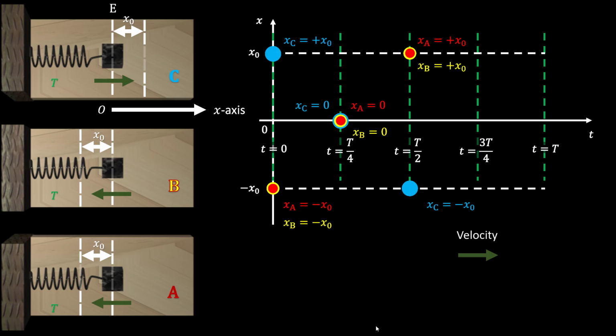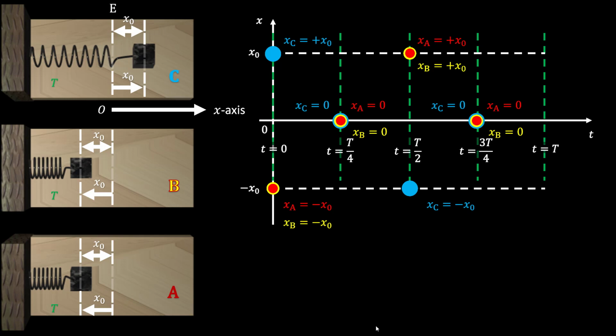At t equals 3/4 capital T, or 3/4 time period, we have xA equals 0, xB equals 0, and xC equals 0. At this instant, all three bodies are at the equilibrium position and are moving at the same speed. But A and B are moving to the left, while C is moving to the right.